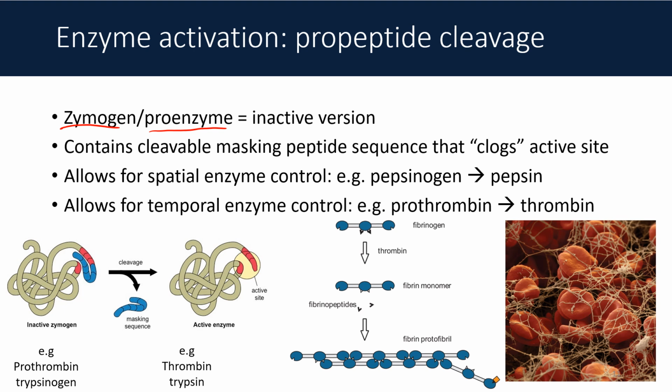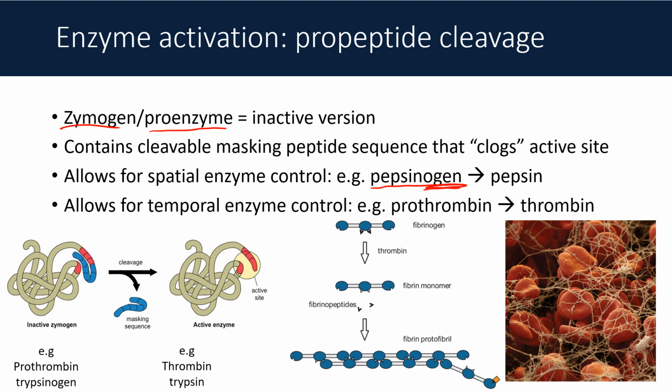And think about it. When your stomach makes digestive enzymes like pepsin, you don't want that pepsin immediately active the moment it's transcribed and translated, because that pepsin would digest the proteins in the cell that made it. Instead, you want to make an inactive version of pepsin called pepsinogen, which is a zymogen, which can't digest anything.